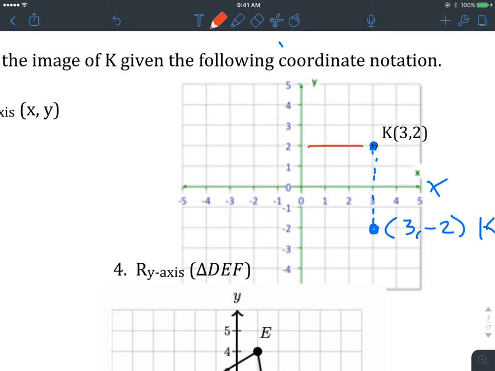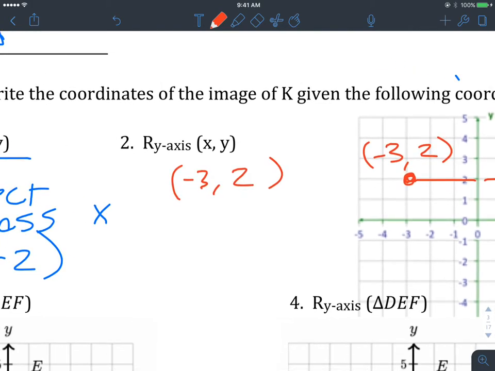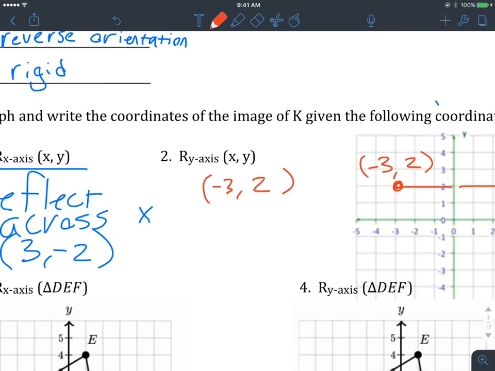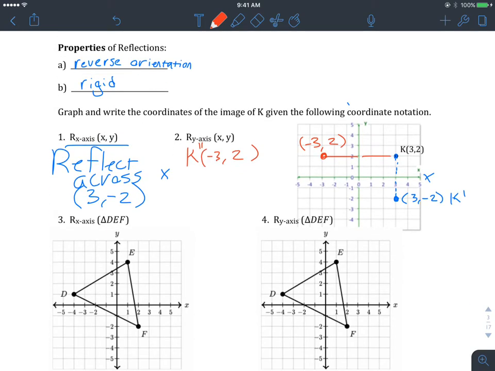Like this one here, 1, 2, 3 units away from the y-axis, so then go 3 more units away from the y-axis, and that'd be -3, 2. So you change the sign of the x-coordinate. That would be point K prime, and sometimes they'll put a double prime for a second transformation. That's really it there.